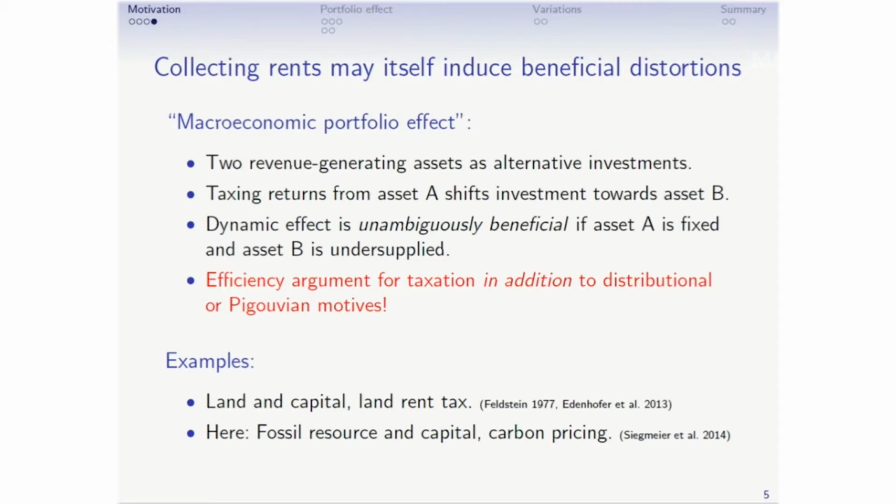And that's the main point of this talk. So the classical case is the case of land and capital as alternative assets, where Feldstein showed that land rent taxation is not neutral, and we showed in another paper last year that distributional issues are also of central concern here. And this talk now focuses on the case of alternative assets being fossil resources and capital. And the role of the land rent tax, of course, here is played by carbon pricing.